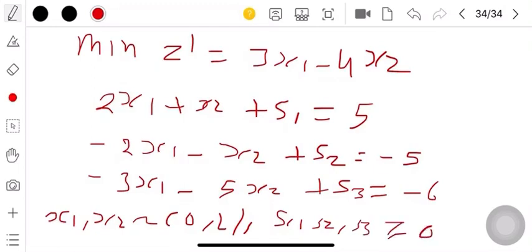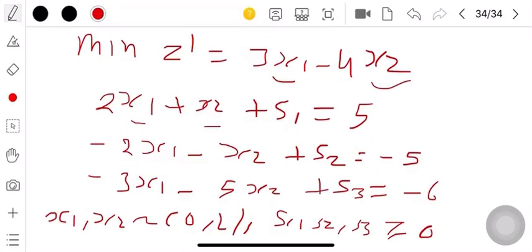After doing this, just convert those variables which have positive coefficient by y1 and the other by 1 minus y1. So here x1 will be y1 and x2 will be 1 minus y2, since the coefficient is negative.